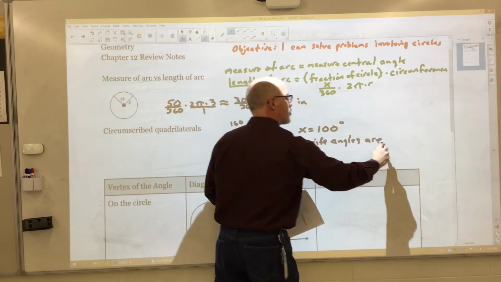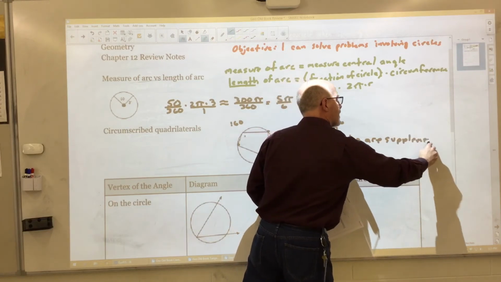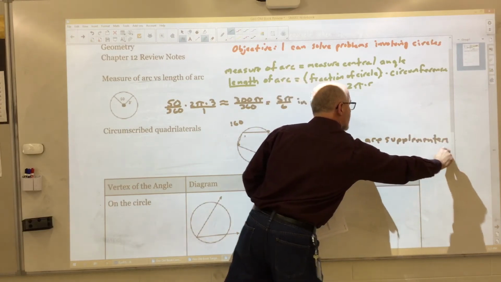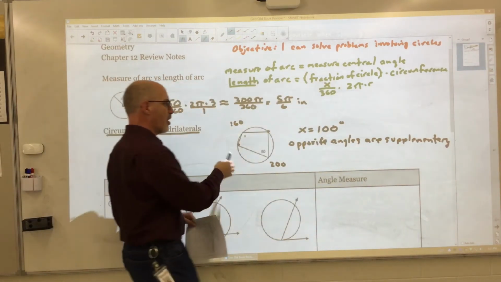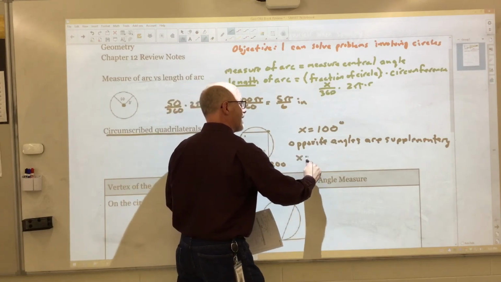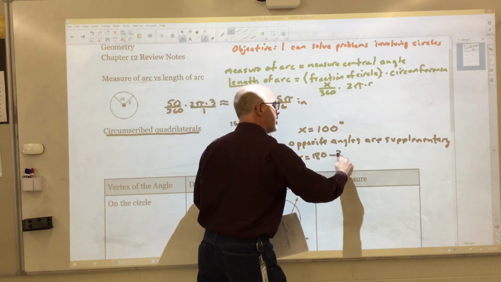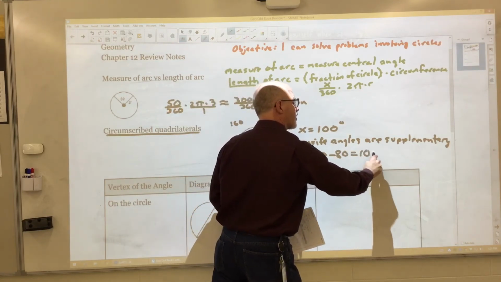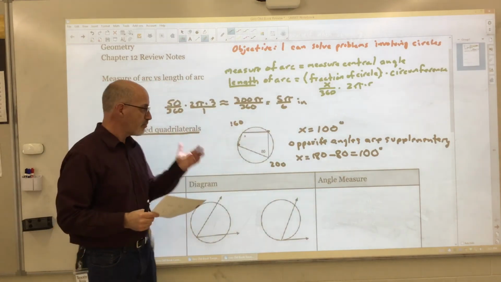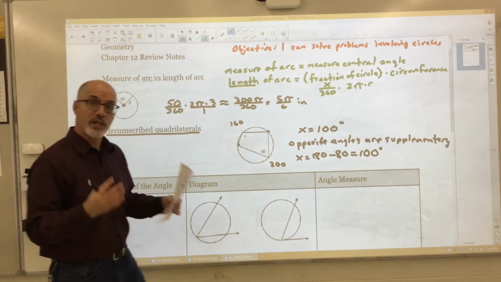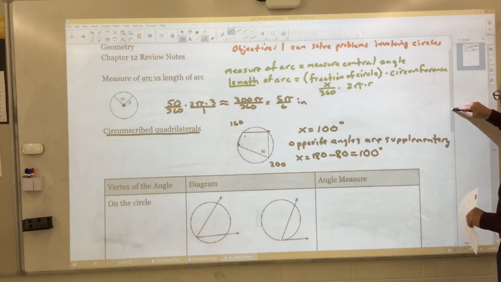That will speed up doing these problems when we've got this circumscribed quadrilateral. So all you have to do to get x is take x equals 180 minus that 80 that we know to get the 100. So that's another way we can apply what we know about those arcs and angles.